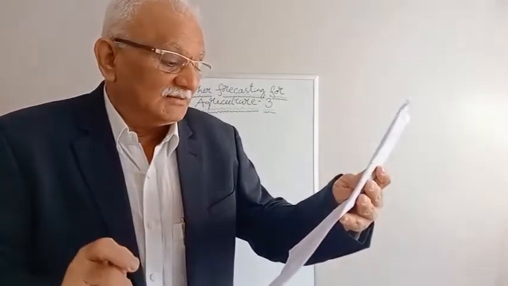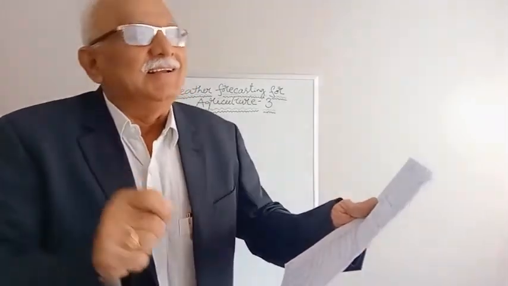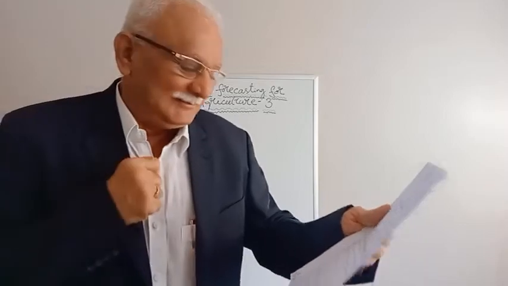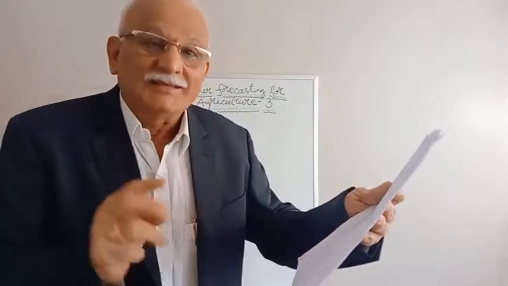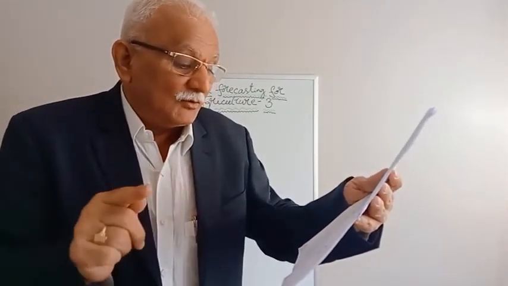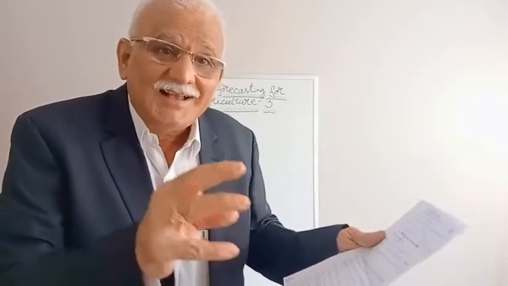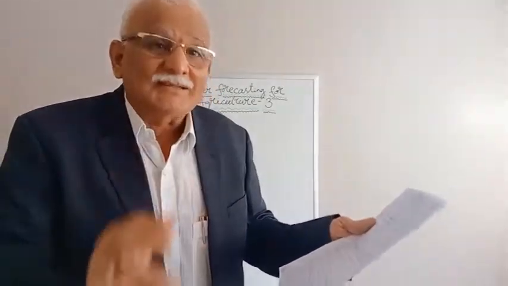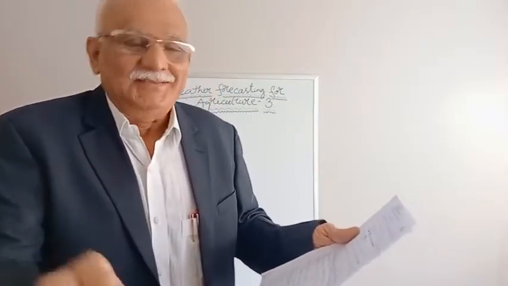Now, what is the descriptive term used for each one? If it is dry, the descriptive term is also dry. If it is isolated, it is at one or two places. What is meant by one or two places? Less than or equal to 25% of the stations get or are expected to get the rainfall.